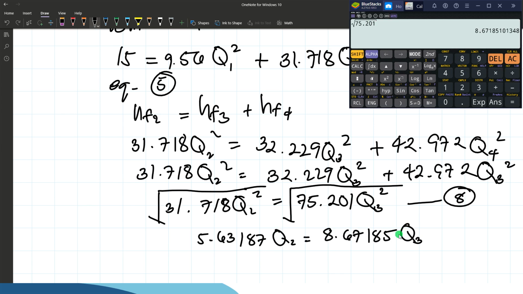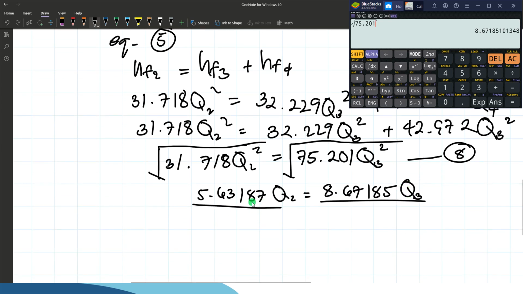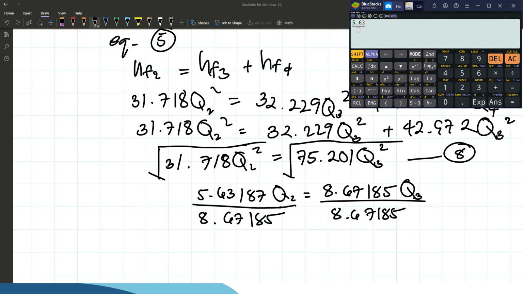Then we express q3 in terms of q2. Divide both sides, or the other way, q2 in terms of q3. You can do that also. Or we divide 5.63187 over 8.67185, which is 0.649. Q3 is equals to 0.649 Q2.